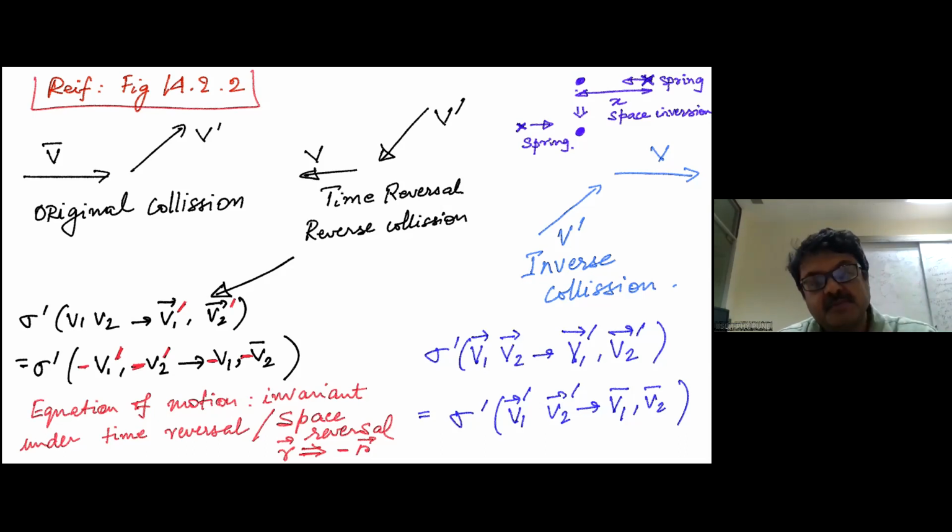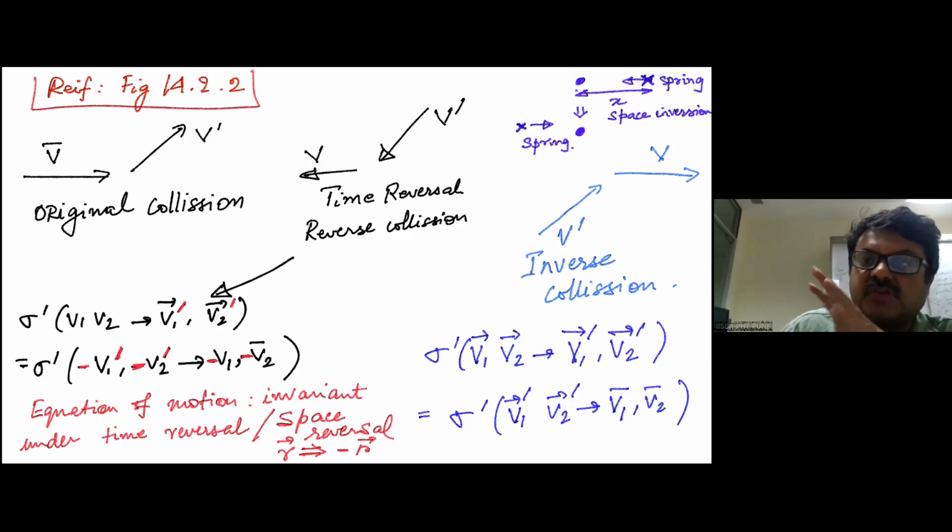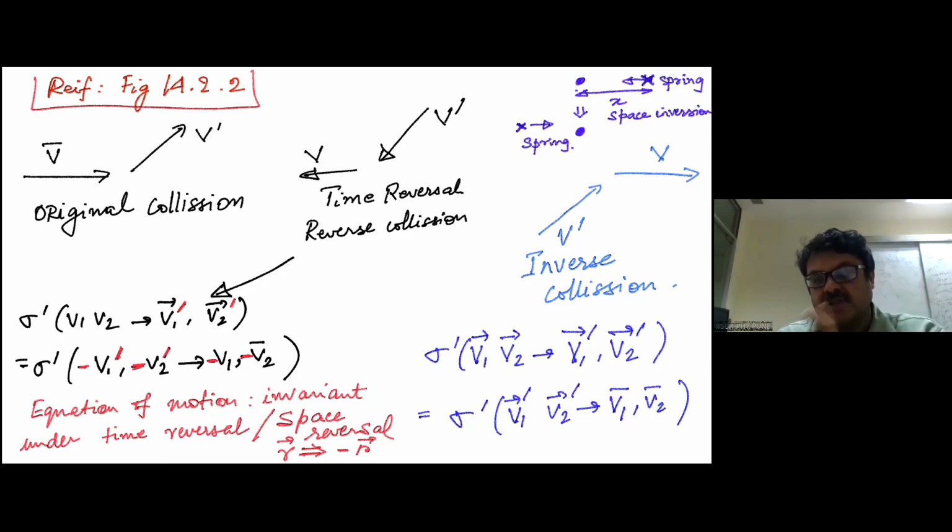The time remains going in the forward direction, but the space goes from r to minus r. So if there's a force acting in a particular direction, plus r, it also goes to minus r. Now that seems a bit non-intuitive.